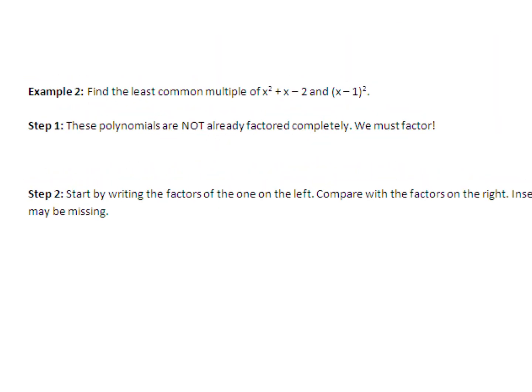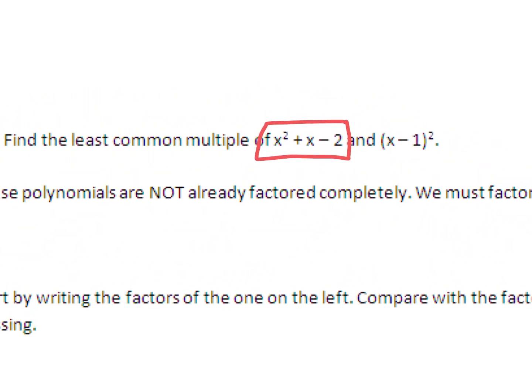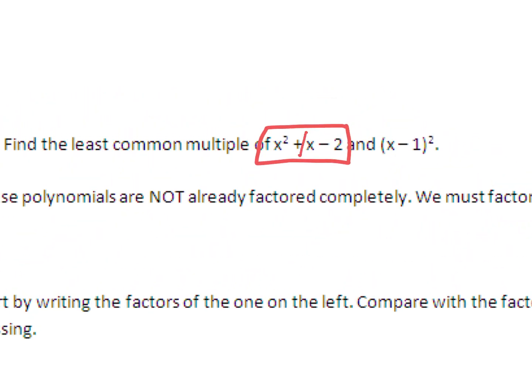Example 2. This one not quite so friendly because not everything is factored. So I'm going to go ahead and factor everything. That is step 1. Factors of -2, that would give me 1 in between. So factors of -2 that make 1. I think that's just +2 and -1, right?